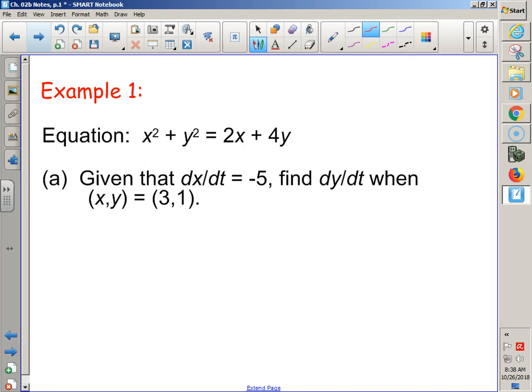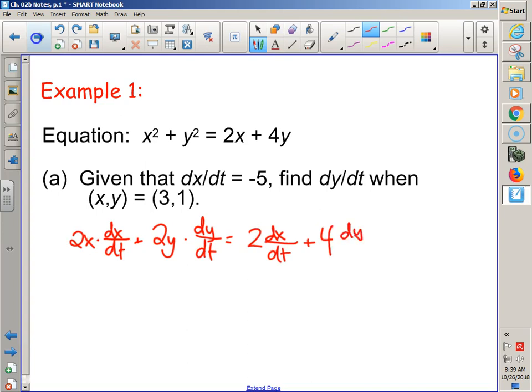So go. Huh? So far. Just wait till second semester then. How'd I get that? I just derived it, d dt both sides.